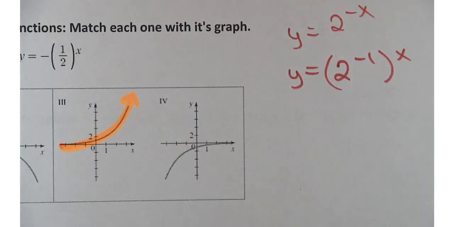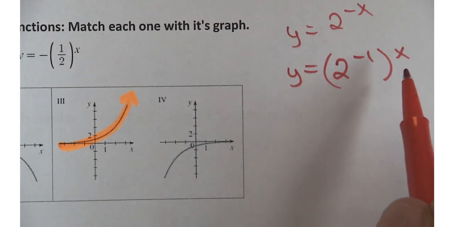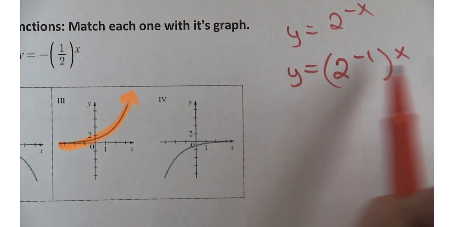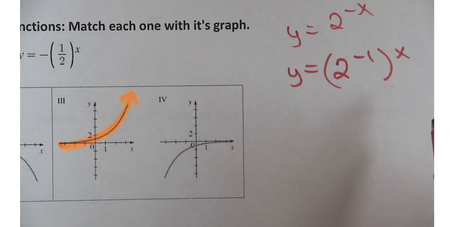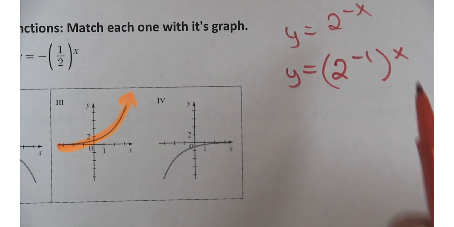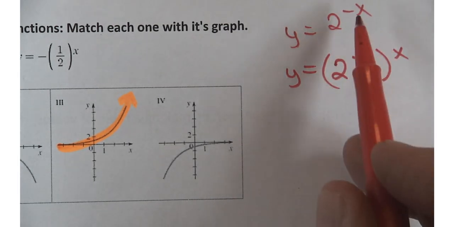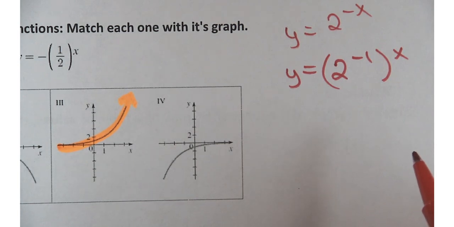Are those the same thing? Yes. Michael says yes, he's right. Somebody tell me why he's right. What do these exponents do when you remove the parentheses? They multiply. Negative 1 times x is negative x. So they are the same.